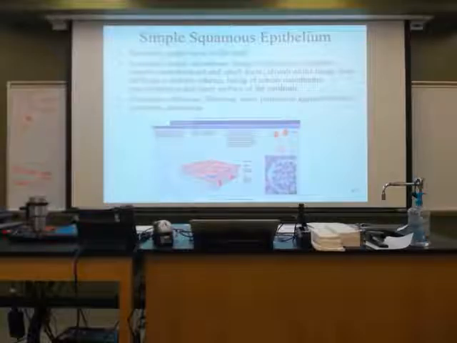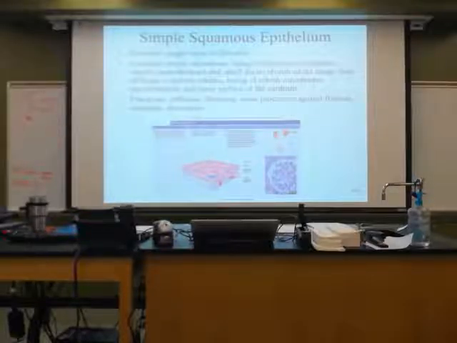diffusion, filtration, protection against friction, secretion, and absorption. Note that a lot of the places that we're finding this, it's an opening to the outside of the body for the most part.